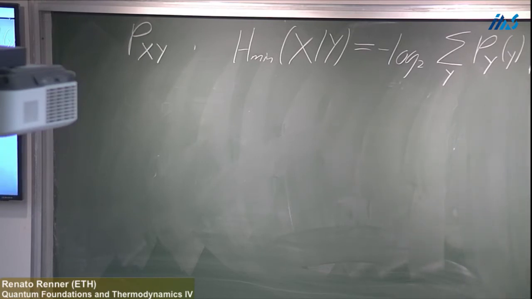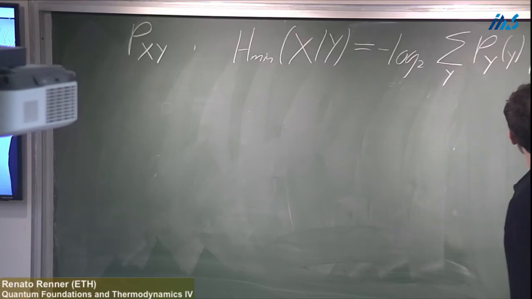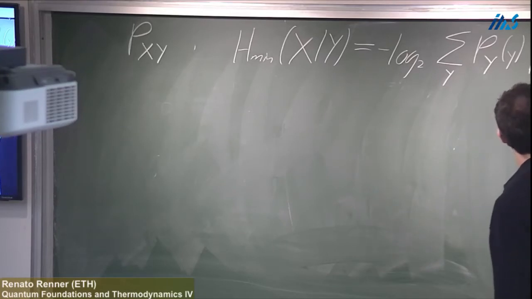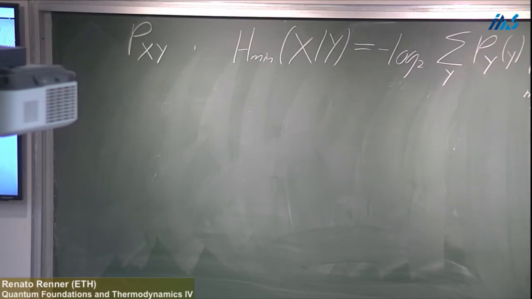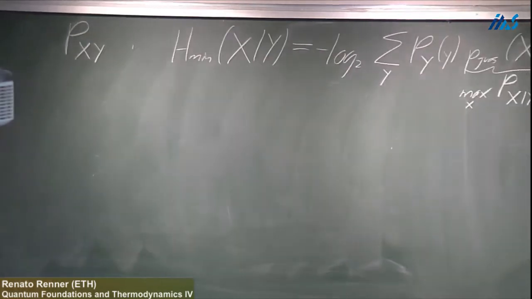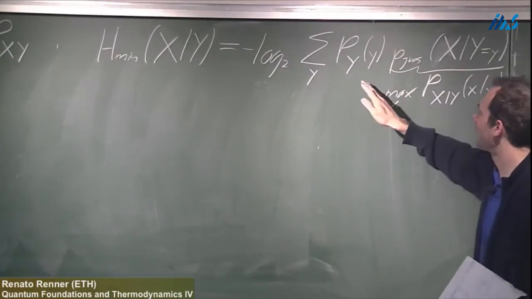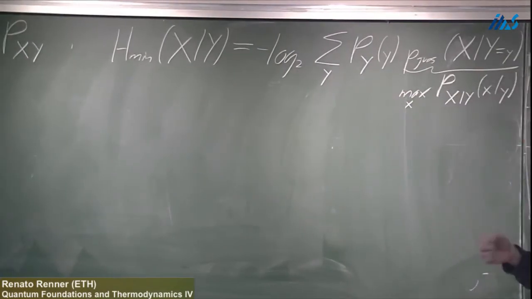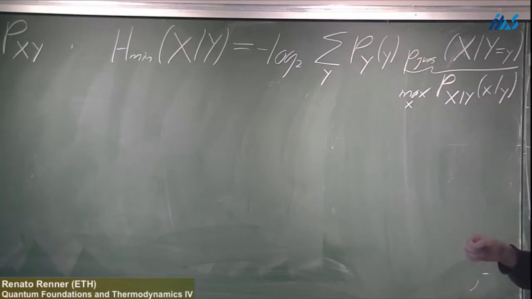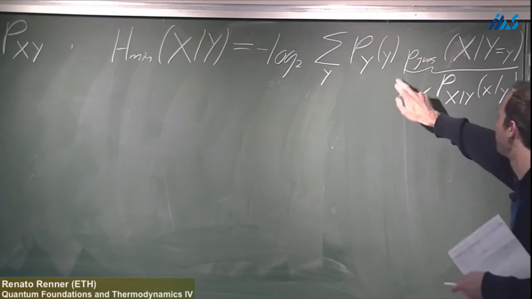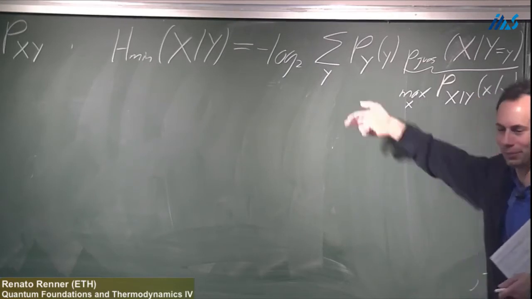This is the maximum over x of the conditional probability distribution of x given y. So in some way, you could see the probability of guessing x correctly, if you have access to y, as the average over the probability that you're guessing x correctly when you know y, when y has a specific value, averaged over all possible values of y.